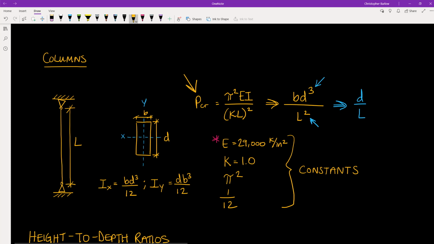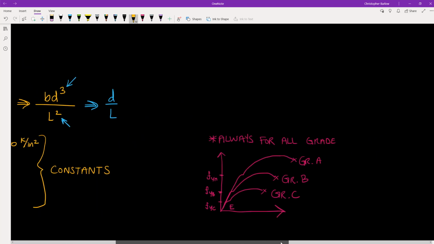Note that we have a variety of variables and constants in this formula. So for example, this pi squared number will always be the same. It's a constant. E for steel is also always 29,000 kips per square inch. And that's regardless of what grade of steel we're using.